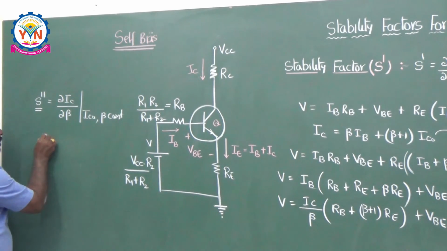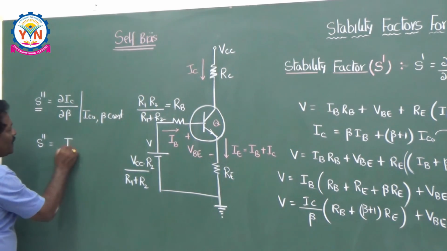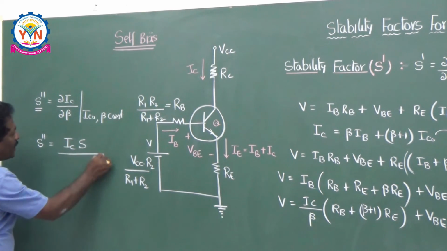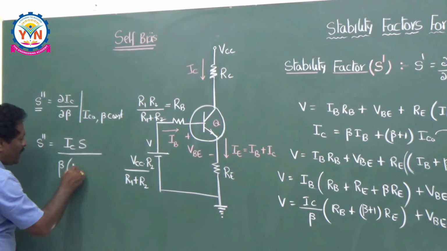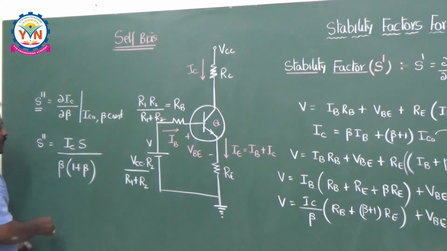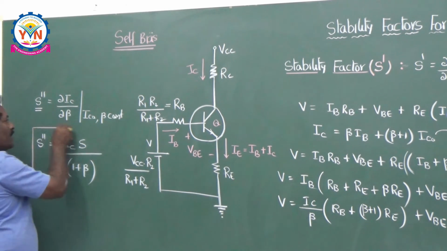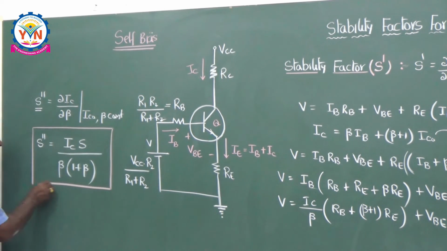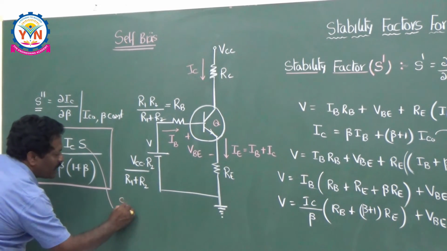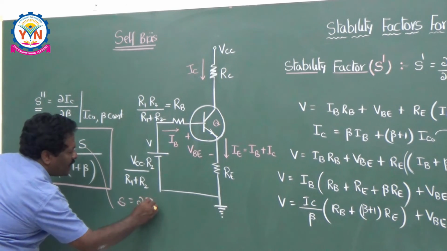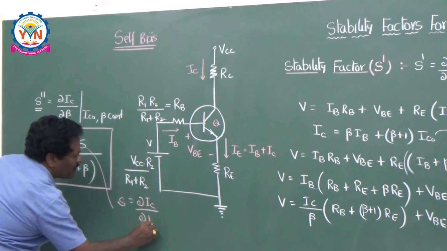S double dash is equal to IC into S divided by beta into (1 plus beta). What is the value of S? S is nothing but the stability factor S, the variation of IC with respect to IC naught. Here S is equal to dou IC divided by dou IC naught.